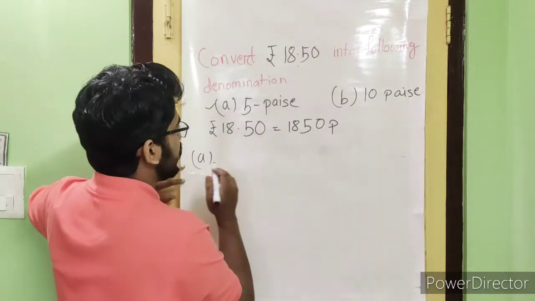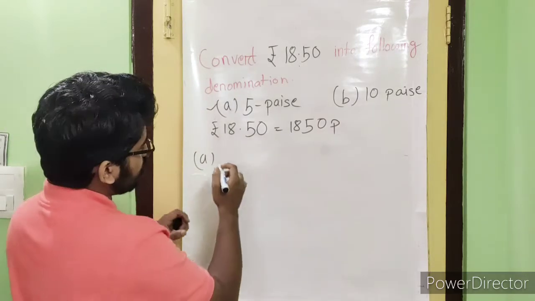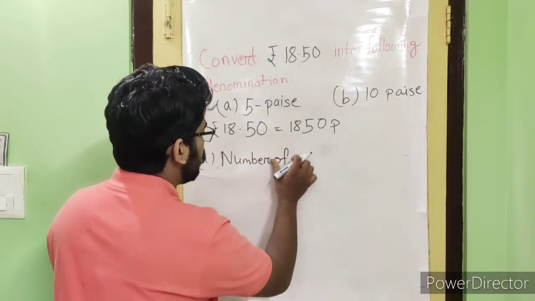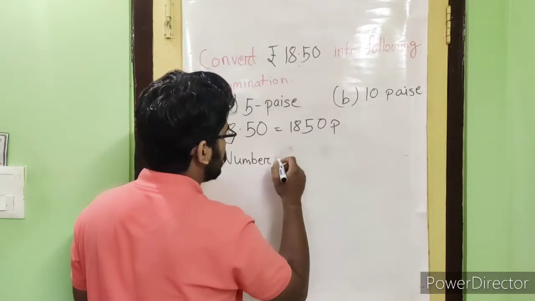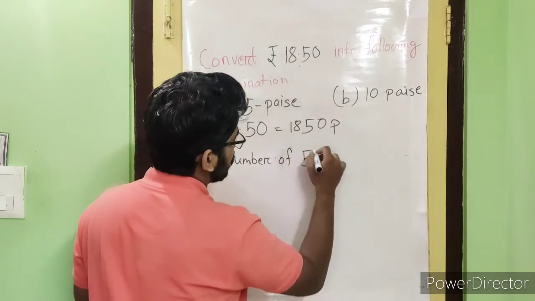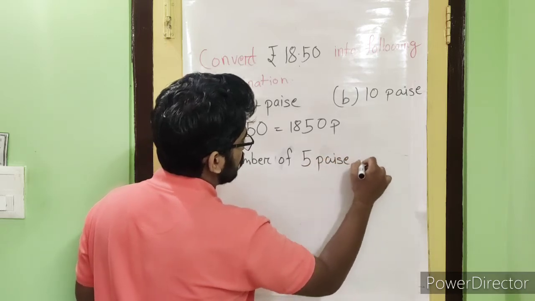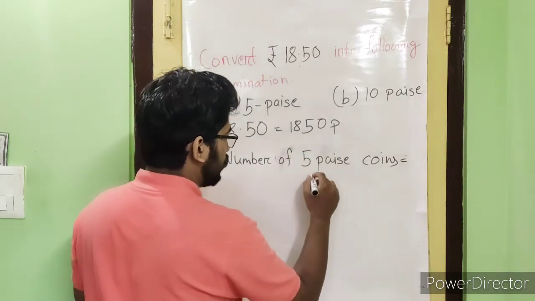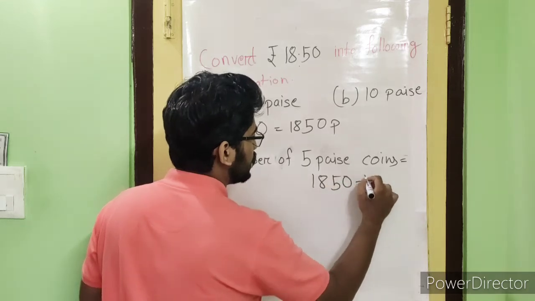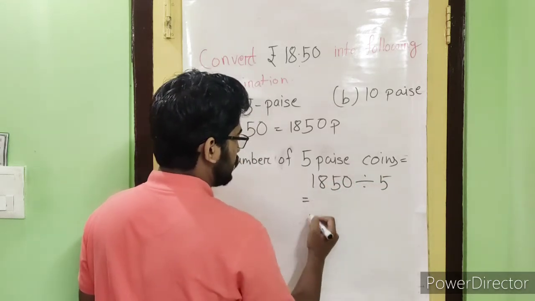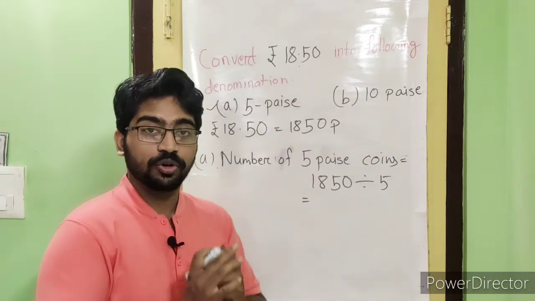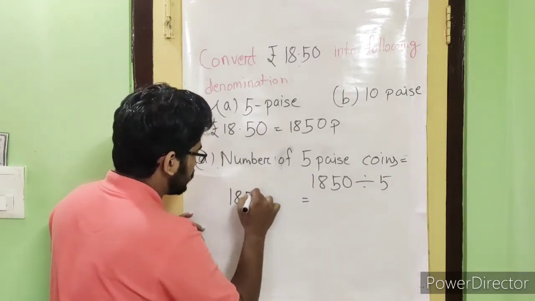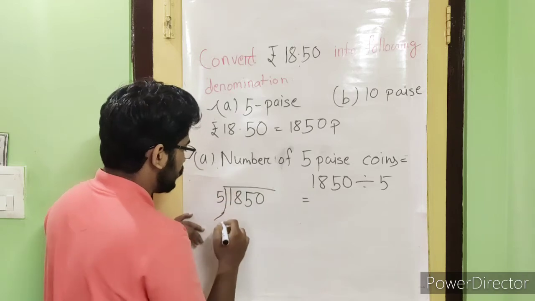We will give the number at first: A. Number of 5 paise coins equals 1850 divided by 5. Number of 5 paise coins, how many are there, so I am doing the division here. 1850 divided by 5.